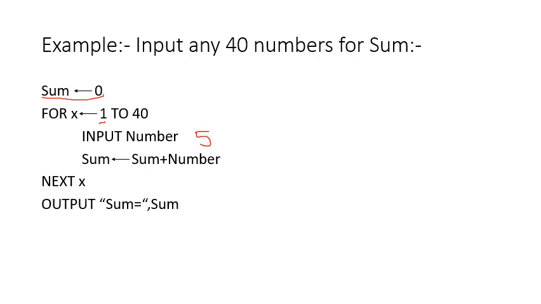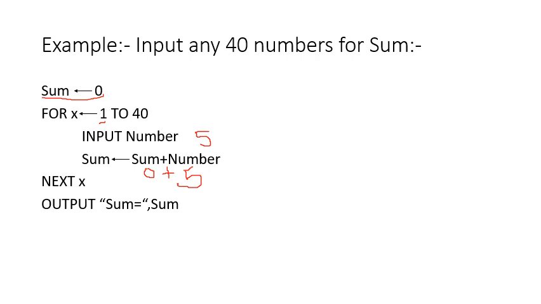Sum is equal to sum plus number. So the sum value is 0 because we have initialized the sum is equal to 0. So this is 0 plus the number which you have entered, that is 5. So it is equal to 5 because you enter 5.